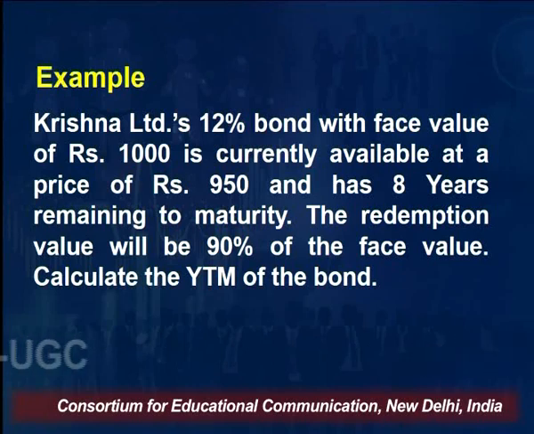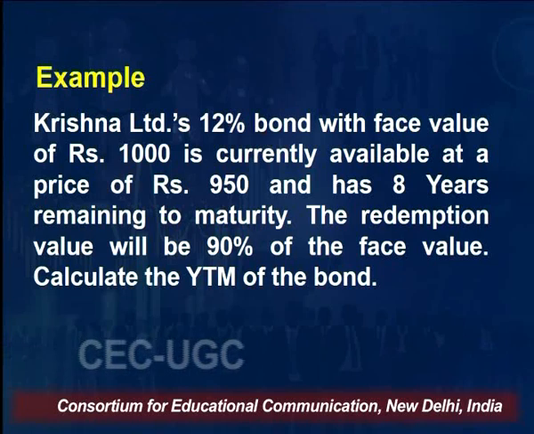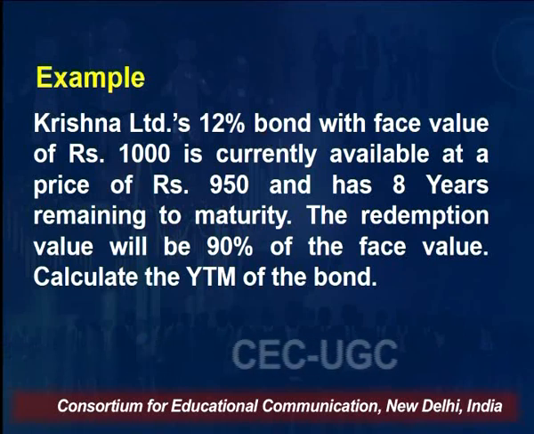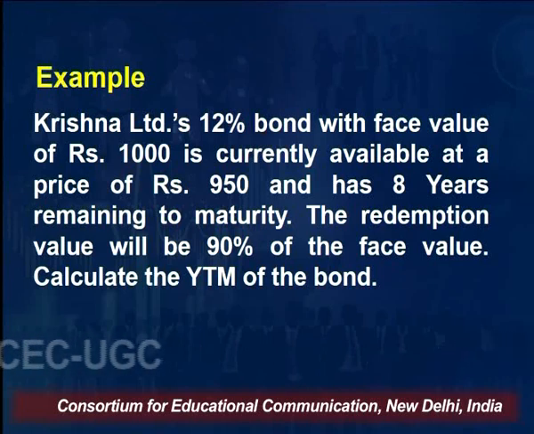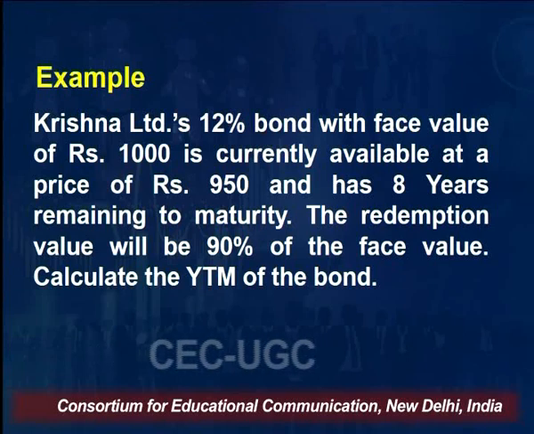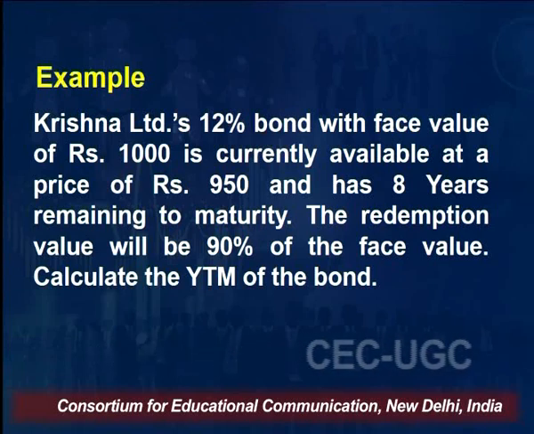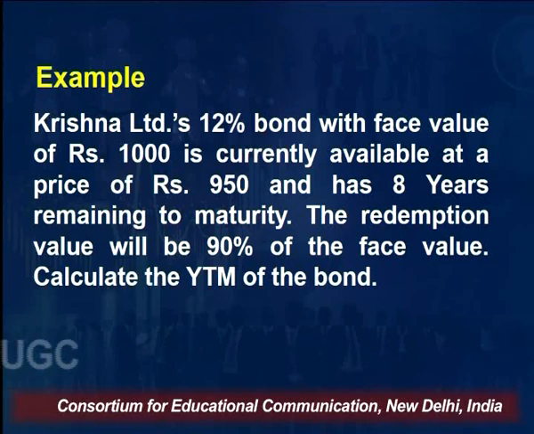That is, a company's bond, which we have named Krishna Limited, issues a 12% bond. The 12% is nothing but the coupon rate of interest. That is a bond on which the issuing authority will be giving 12% interest, right? And it is currently available in the market at 950 rupees.